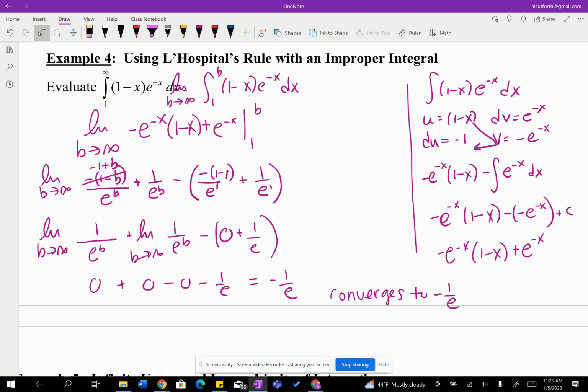We're doing the limit of this and the limit of this. So I broke it up into two limits. So if we're doing the limit of the whole thing, we first do the limit of this one. That's where we had to use L'Hopital's rule because it was infinity. Then I broke it up into the limit of this one right here. Does that make sense? So this went here and this went here.